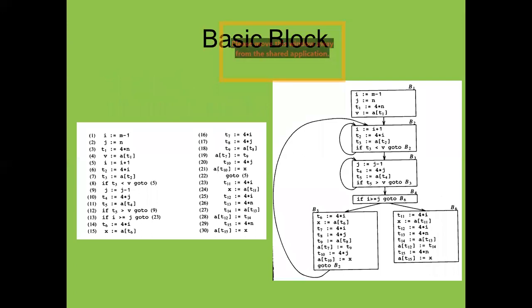Now you can see here, as you write any program, you number the lines: i is equal to m minus 1, j is equal to n, t1 is equal to 4 star n, v is equal to this. You are assigning the value at t1, a temporary variable, a temporary register.